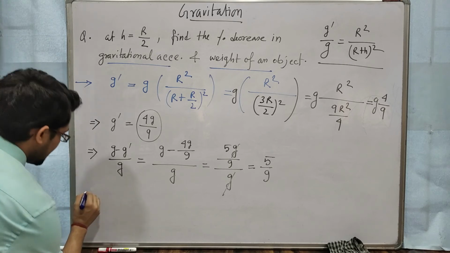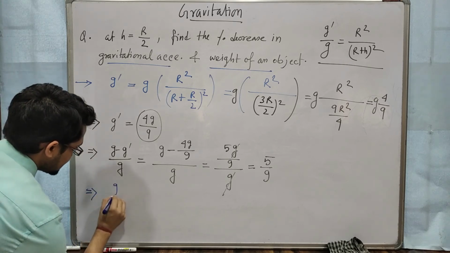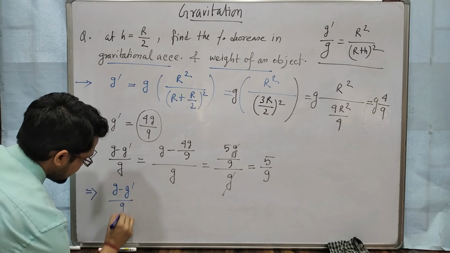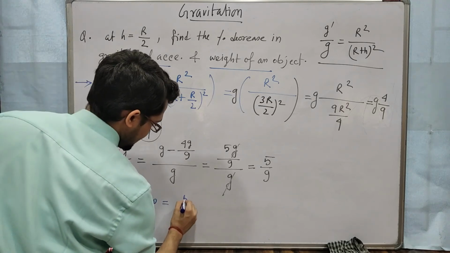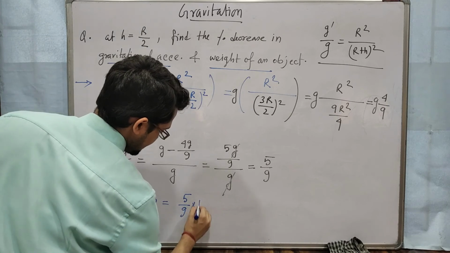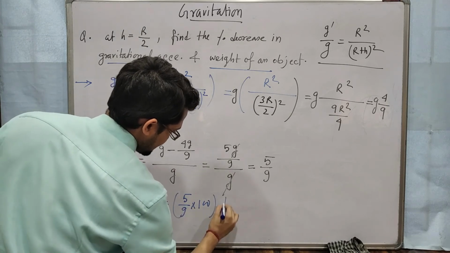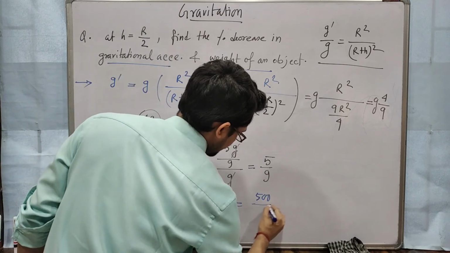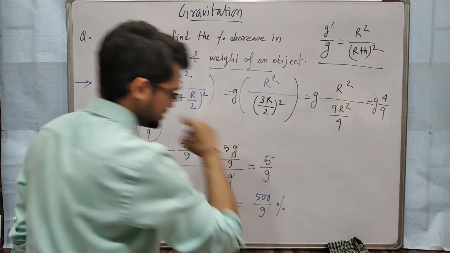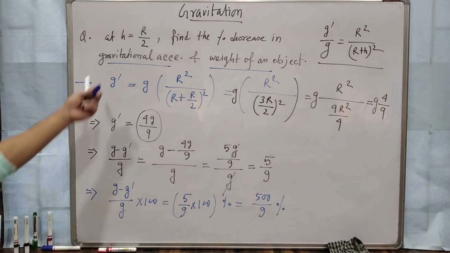Now convert into percentage decrease. That means you will get (g minus g prime) by g into 100. Percentage means into 100. So 5 by 9 into 100. So 500 by 9, whatever the value, you will get that much percentage decrease in acceleration.